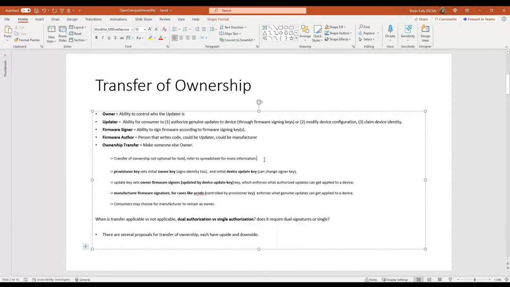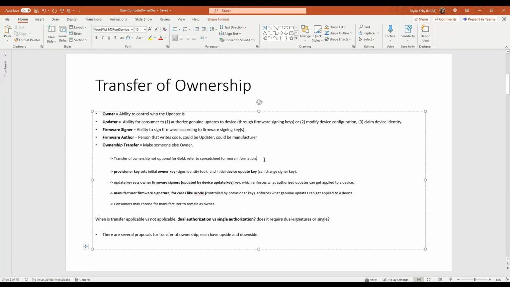But let's say I have a device that comes into my system, and I decide not to take ownership. That device still has to run securely, even if I don't take ownership. And I think that's all handled by the secure boot spec and things like that.